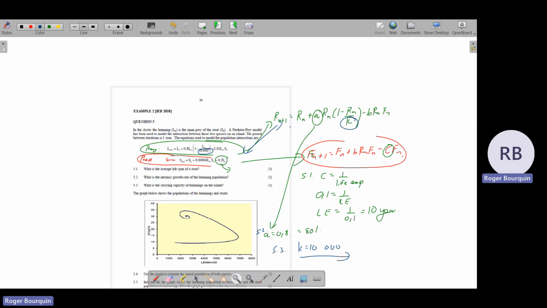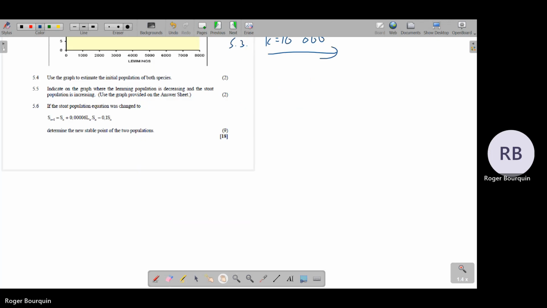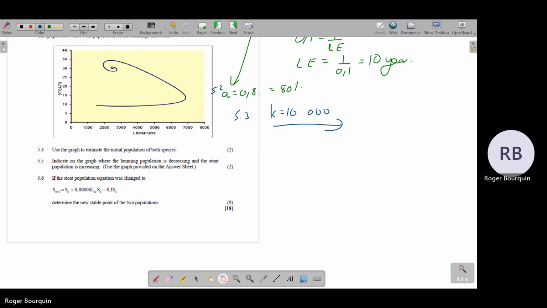Right. Let's try the next one. It's the population of both species, so it's there and it's there.